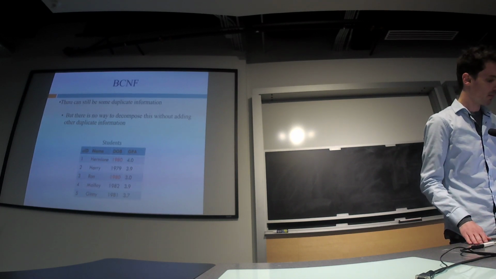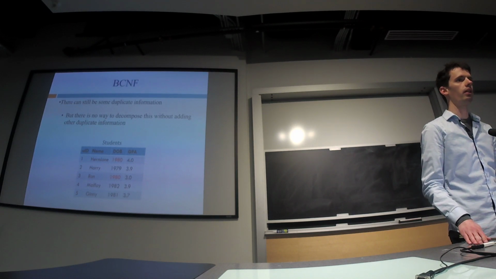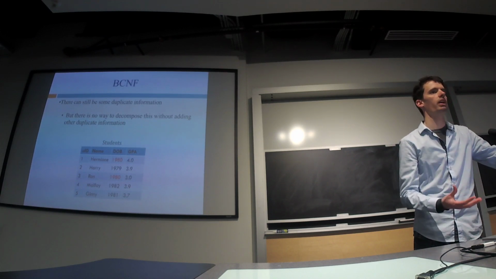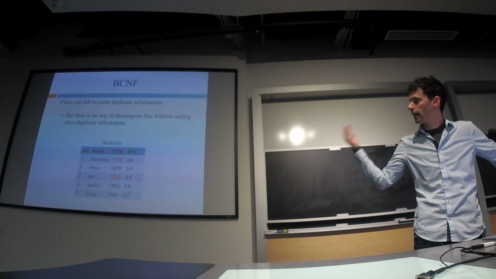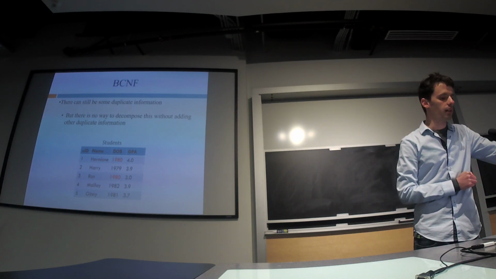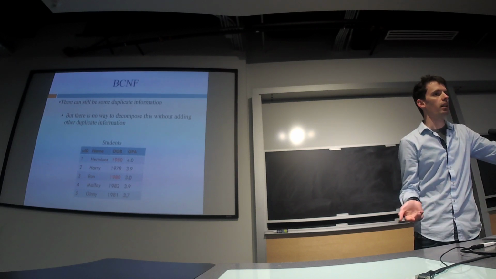Okay, so one of the points of this was eliminating duplicate information. You're still potentially going to have duplicate information. Like I have two 1980s stored in here. But there's no way that decomposition would make this any better.